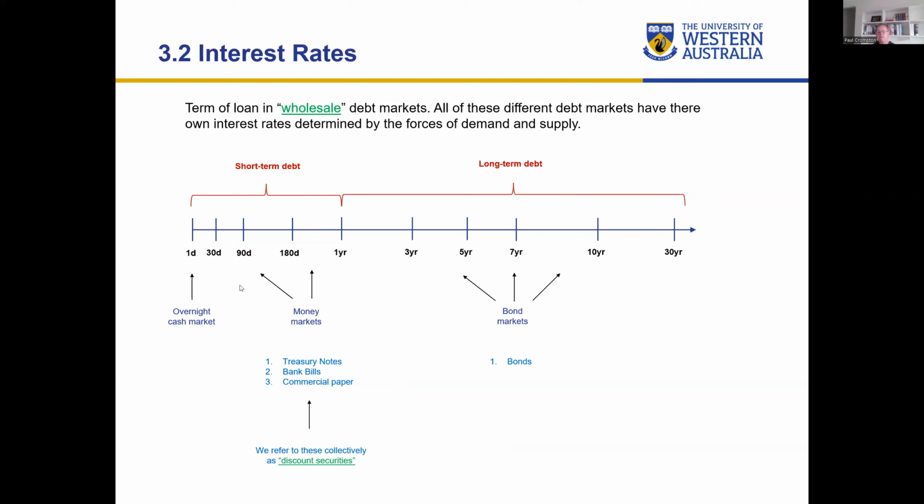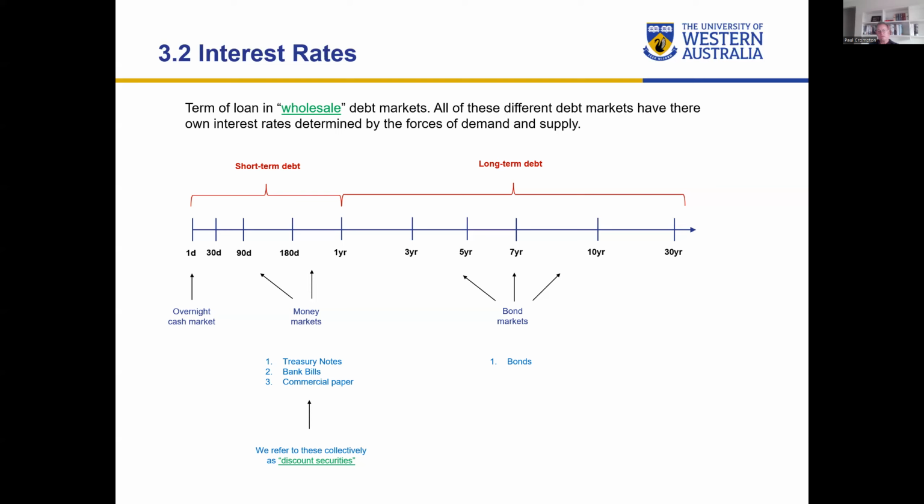And if Australian companies enter these short-term debt markets and borrow money, they'll issue commercial paper. So these are just the names of the financial instruments used to facilitate the borrowing and lending process in these short-term debt markets. Okay, so hopefully that makes a little bit of sense to you.